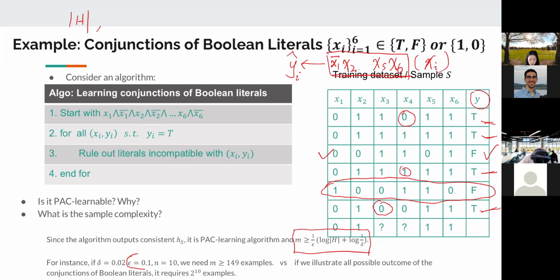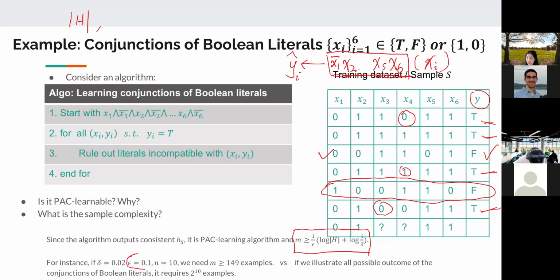Just imagine that if you enumerate all possible outcomes of the conjunctions of Boolean literals, it would require 2 to the power of 10 examples. So this is different from the hypothesis cardinality, right?